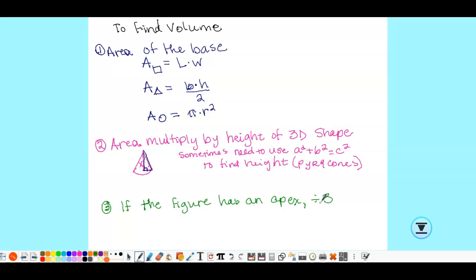I'm going to do just a few problems to help illustrate how you would use these steps, either to find the volume or working backwards to find missing pieces like a radius or a height of a figure.